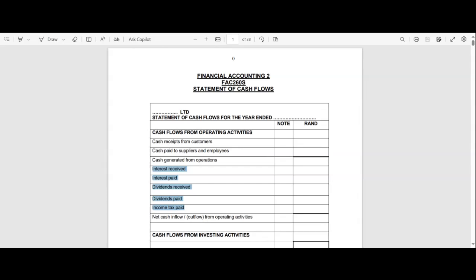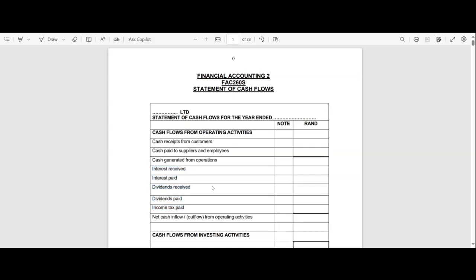It's not always that a company will have all 5, but it cannot consist of any other items than these 5. So these are the possibilities. And that is a good idea to make a note of that. The only 5 possibilities are interest received, interest paid, dividends received, dividends paid, excuse me, and income tax paid.